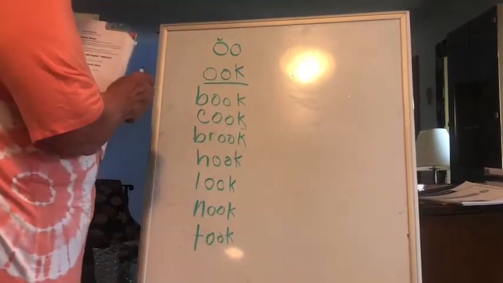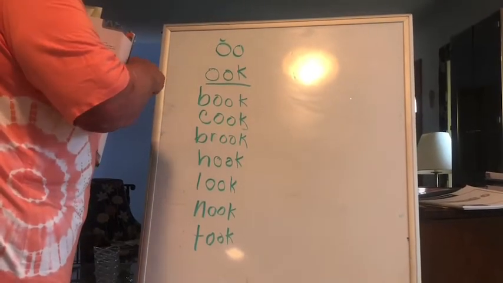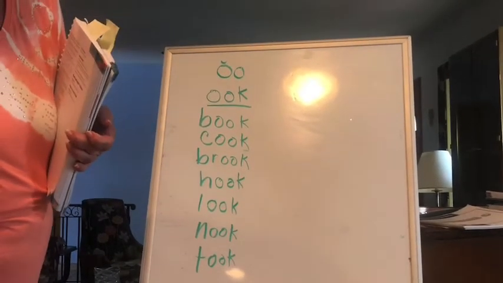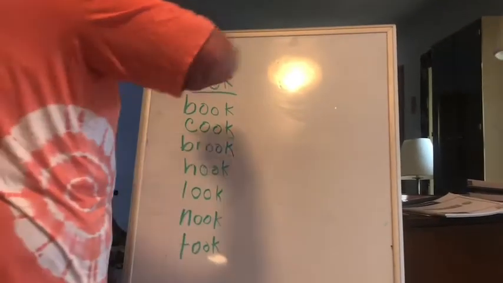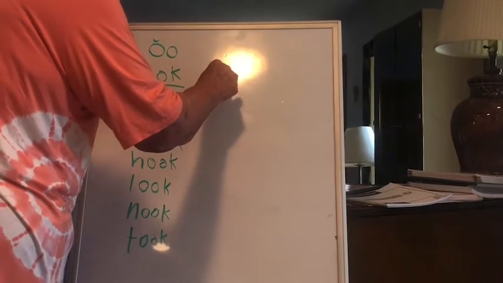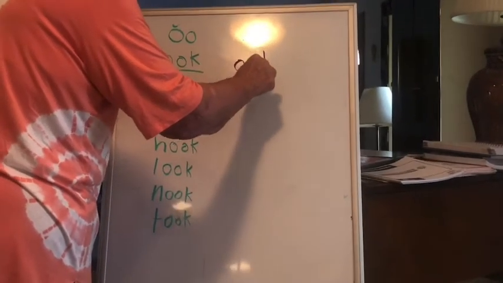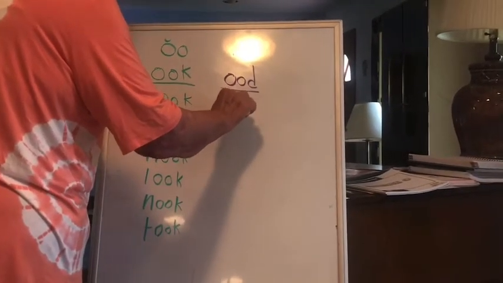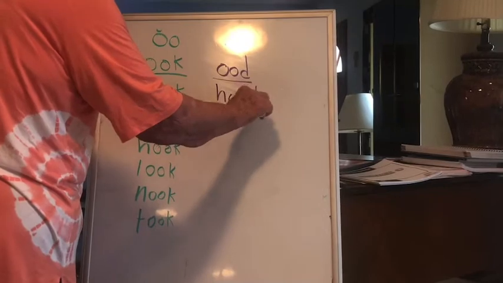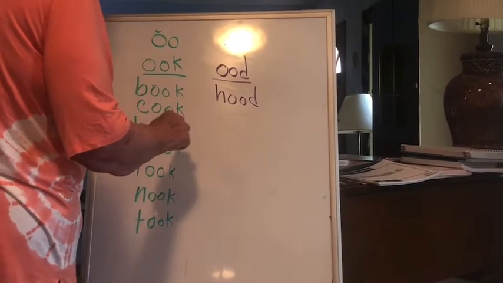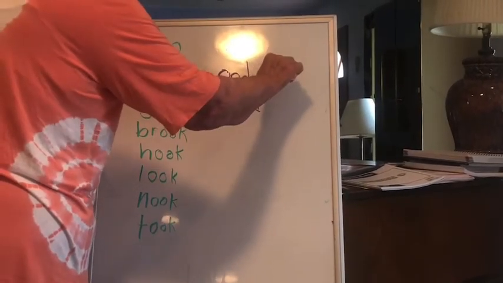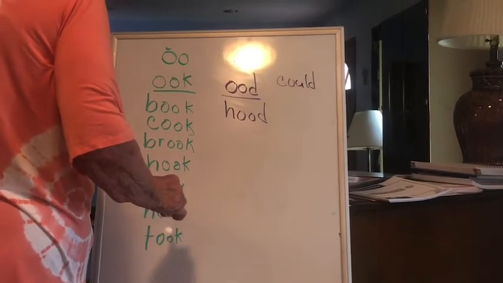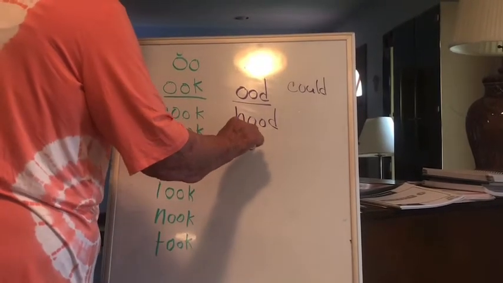All right, now this is the ook. Now let's try the ud family. Let's see if this will work. Hood. Let's try some of these. Well, we can't say could because could is C-O-U-L-D. Let's see. What about good?